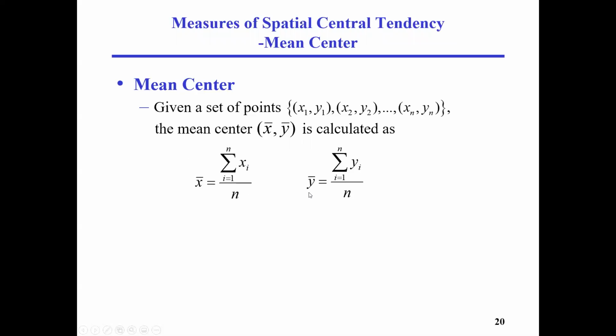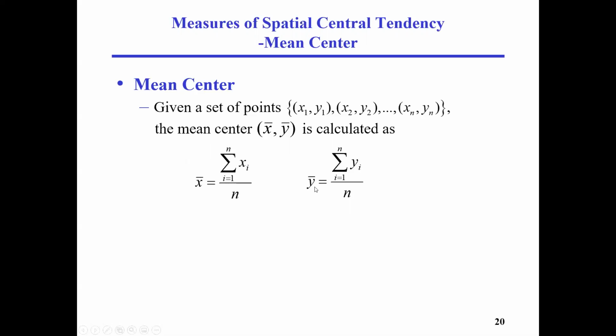You will say, where is the spatial context? X and y, they are addressing the space, because x and y, like I said, they are coordinates. So here, the mean of x has a spatial context, because when you find the mean value for x, you actually find a coordinate for x.